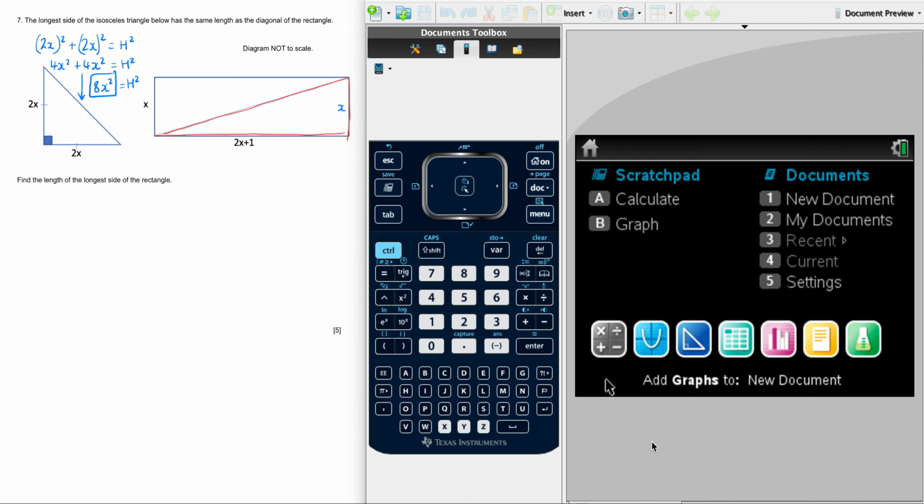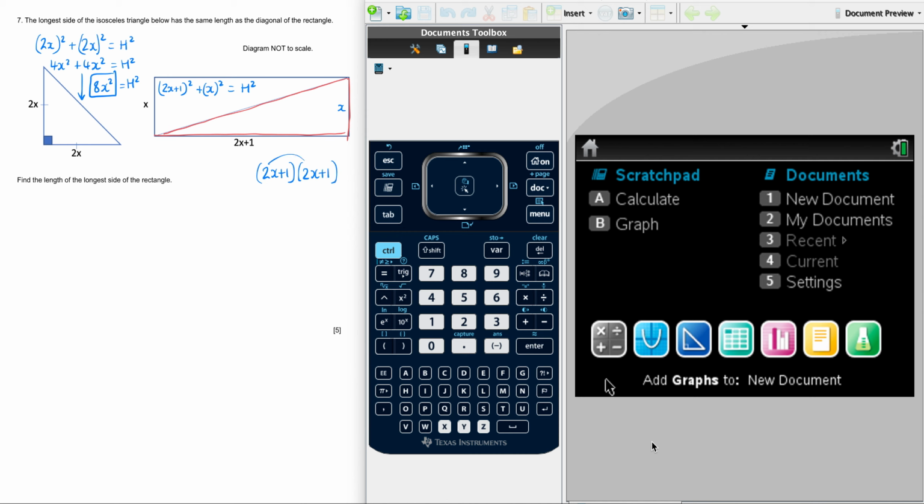So the hypotenuse of this one gives 2x plus 1 squared plus x squared equals the hypotenuse squared.